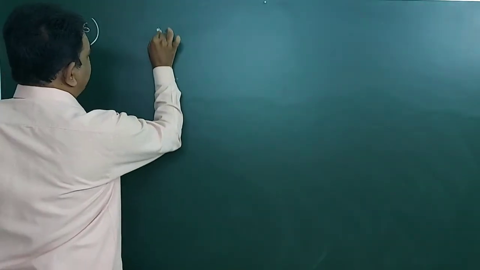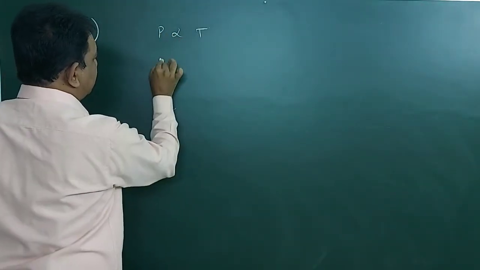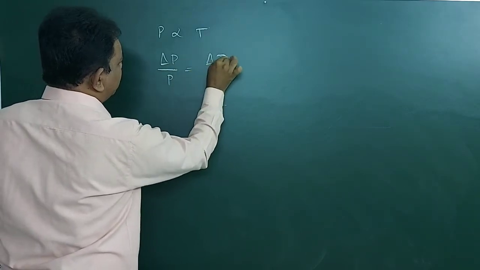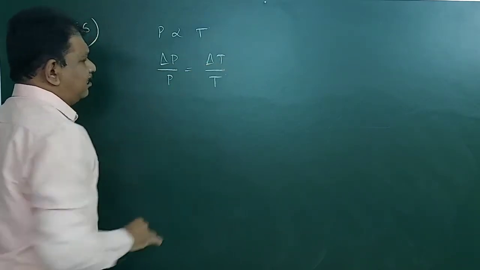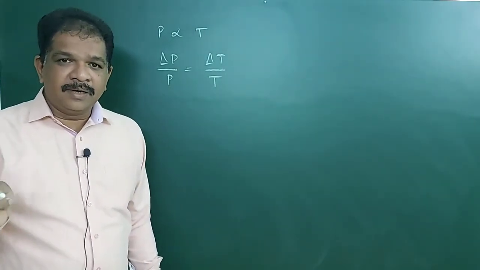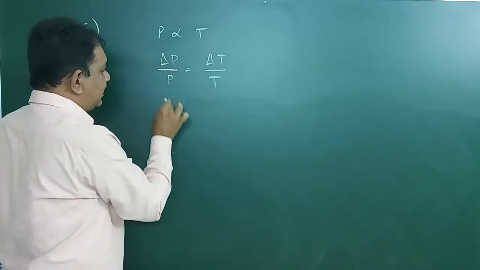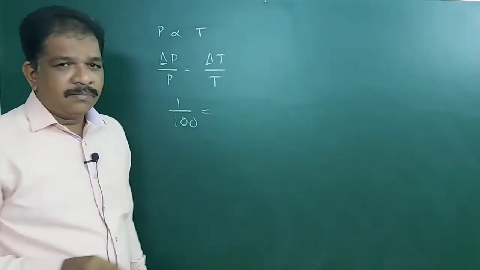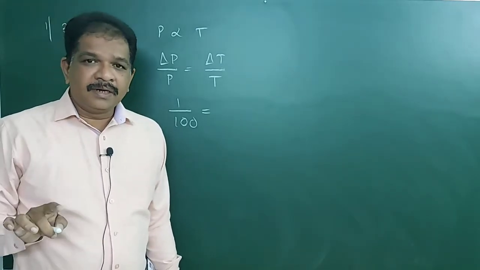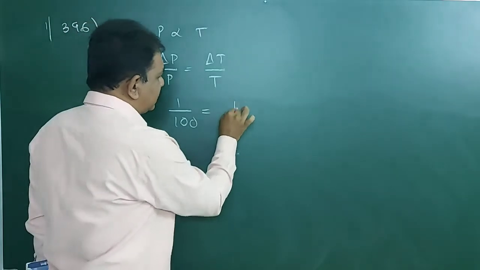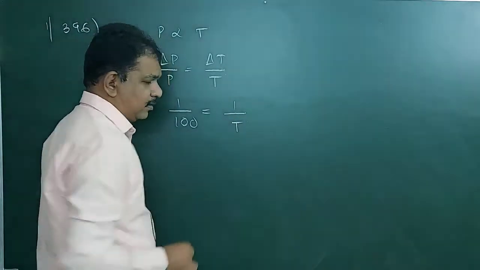So, P is proportional to T, so delta P by P is equal to delta T by T. Here, pressure increased by 1% means delta P by P is equal to 1 by 100. Temperature increases by 1 degree centigrade means delta T is 1.